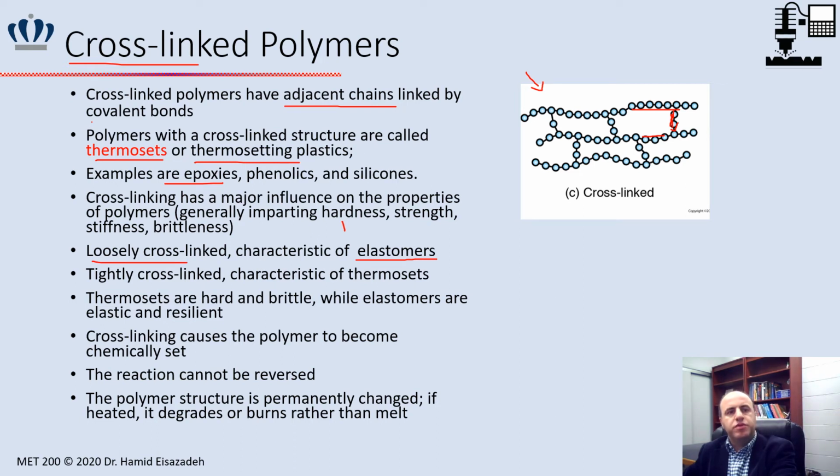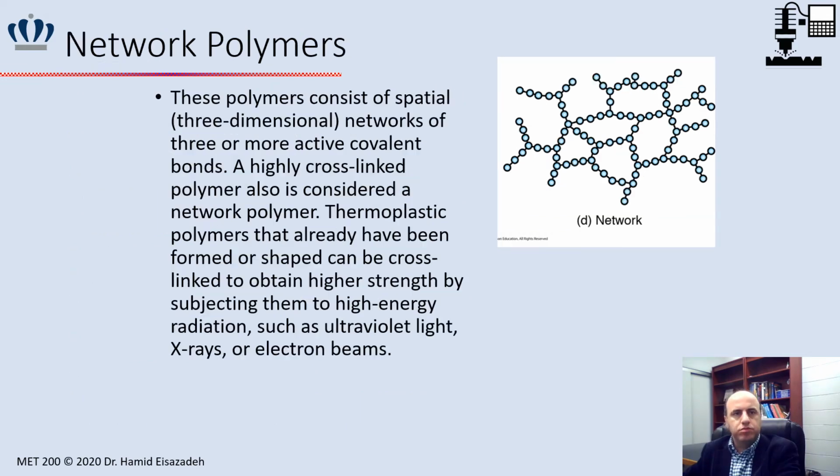Another property of a thermoset, or the material with the cross-link structure, is brittleness. They are very brittle, and the cross-link reaction cannot be reversed, so it's going to be changed permanently.